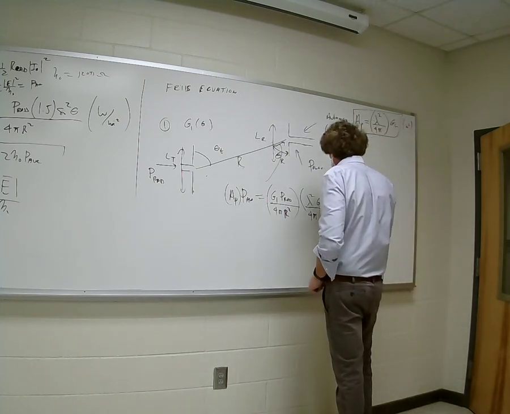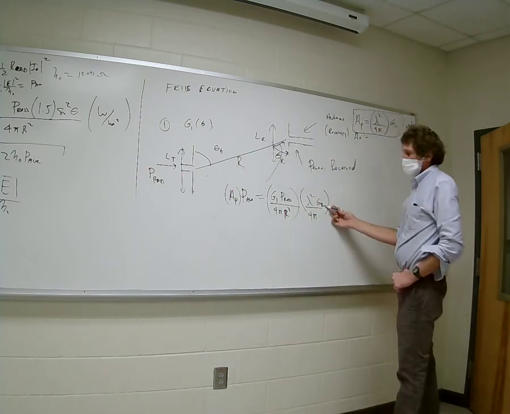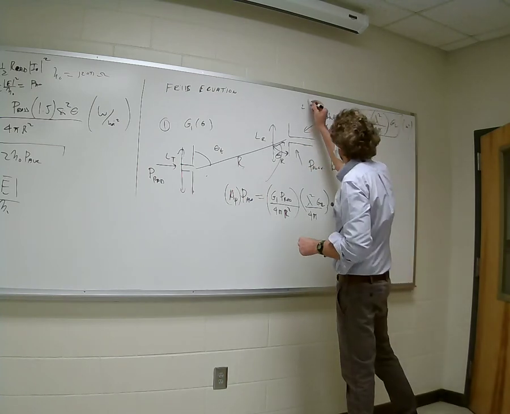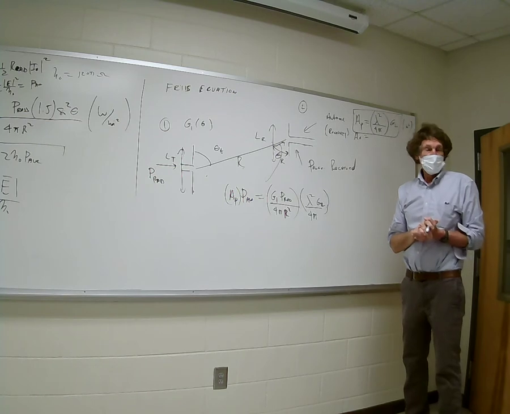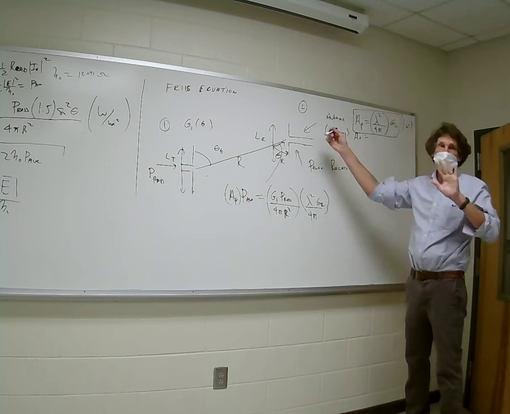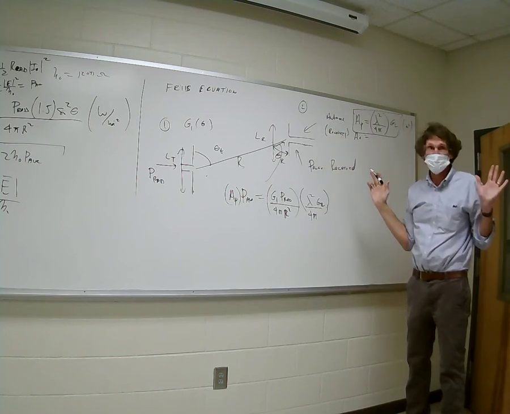Probably it would have been better if I called this G sub R and this G sub 1, but you understand, this is antenna 1, this is antenna 2, it's receiving. Y'all see this? Now here's the nice thing about this: the receiving pattern, how it receives power, is the same as how it transmits power.